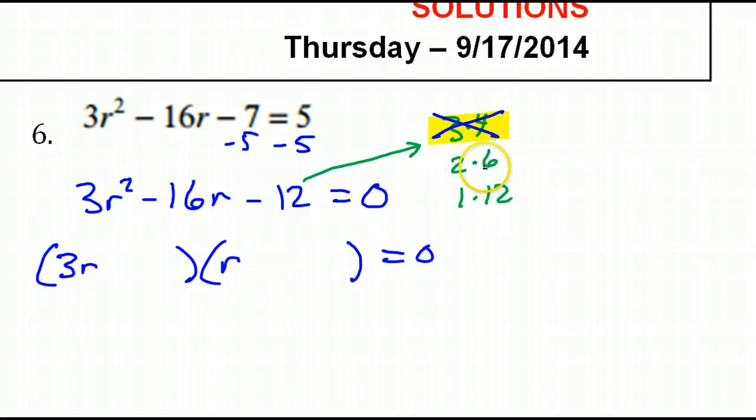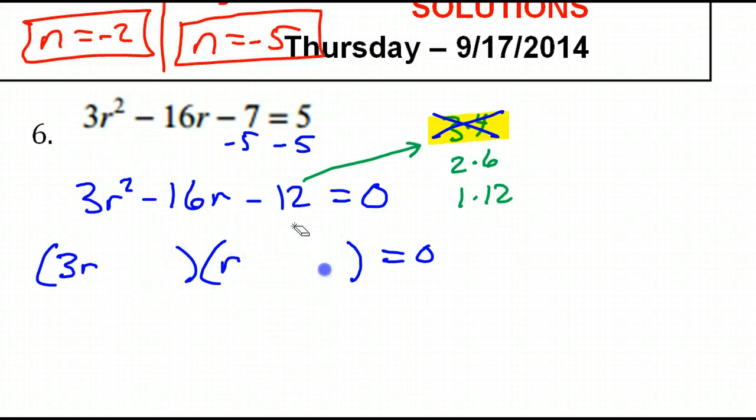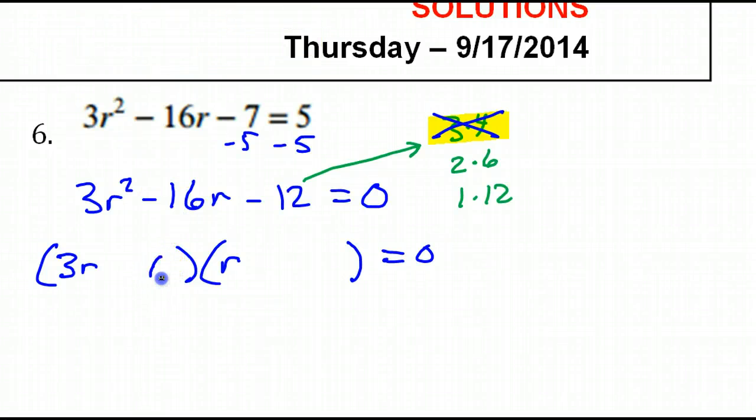Okay, 2 and 6 can only possibly work in one direction. Am I going to put the 2 here and the 6 here, or will I put the 6 here and the 2 here? Only one has a chance. I'm going to put the 2 here and the 6 here. This is the only one that has a chance. But one more time, the reason why is because if I put the 6 here, that's going to make a common factor.